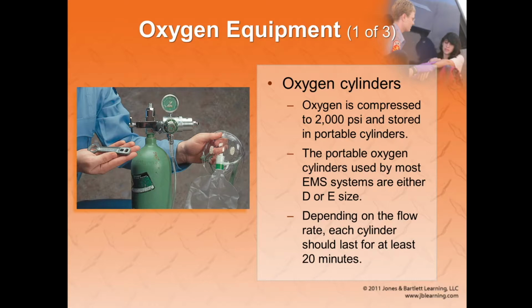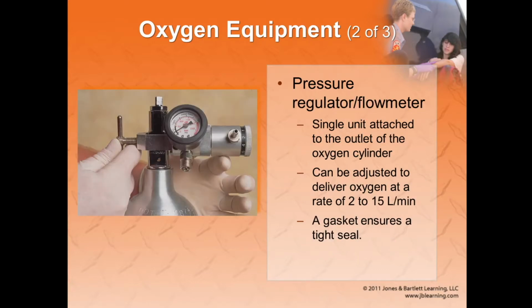You use the regulator to choose what amount of oxygen you want to deliver per minute, and depending on what non-rebreather mask or nasal cannula or whatever is going to decide on your oxygen flow. It's your regulator, you adjust it anywhere from 2 to 25, I think they go up to.